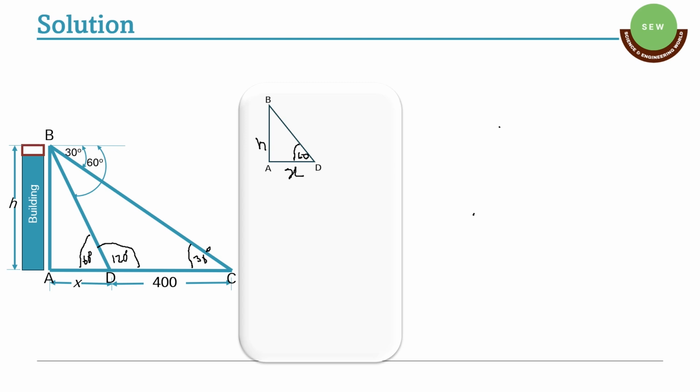So we can put these three dimensions together, saying that tan 60 is equal to opposite h over adjacent x, where we can say that h is equal to x tan 60 degrees.